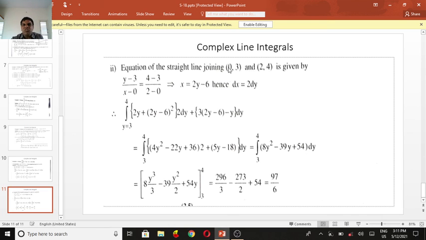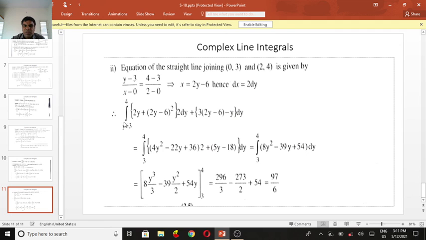Here x1 is 0, y1 is 3, x2 is 2, y2 is 4. Simplifying, (y - 3)/(x - 0) = (4 - 3)/(2 - 0), so x = 2y - 6. Hence dx = 2 dy.